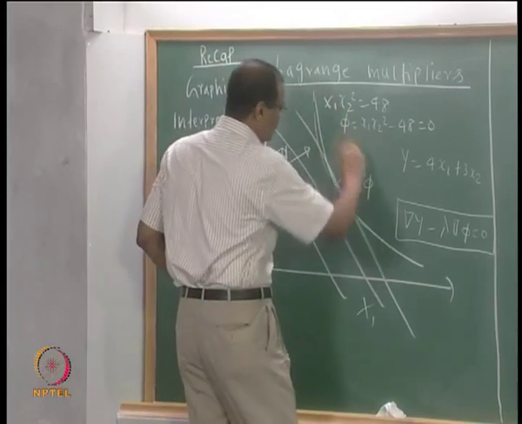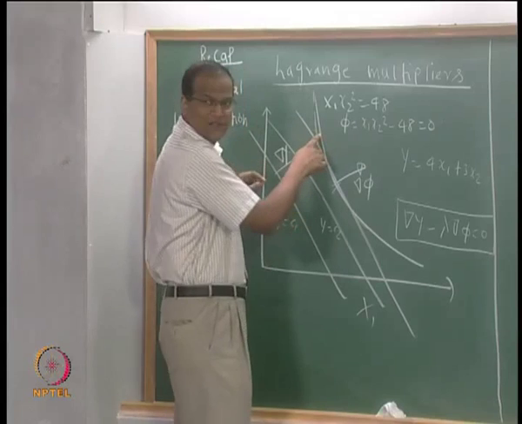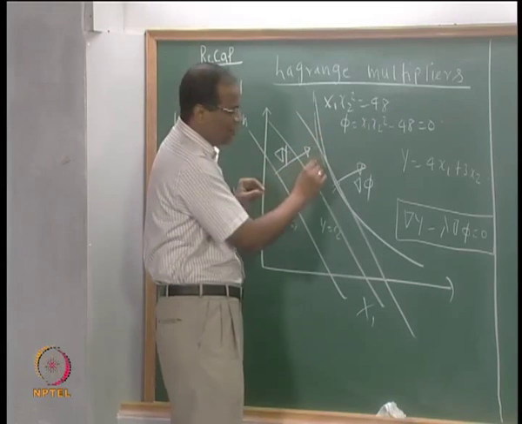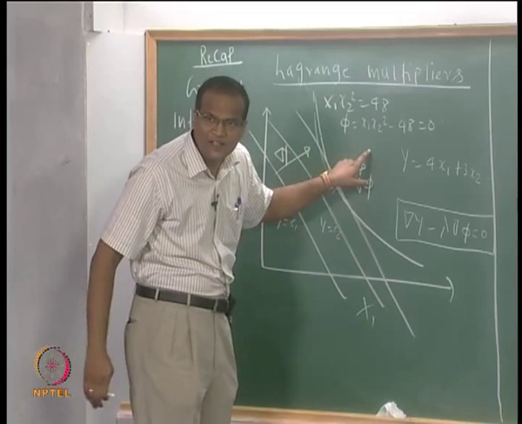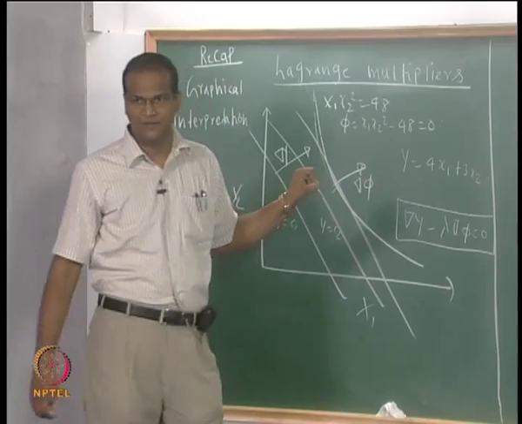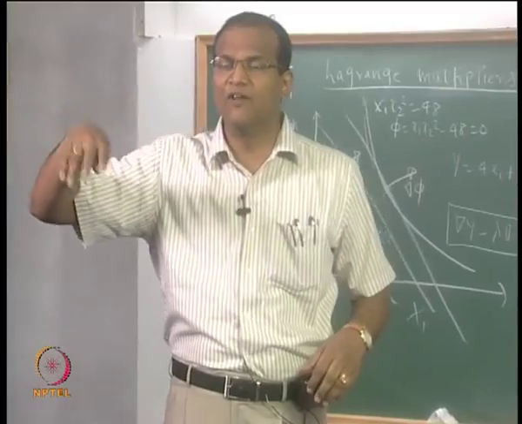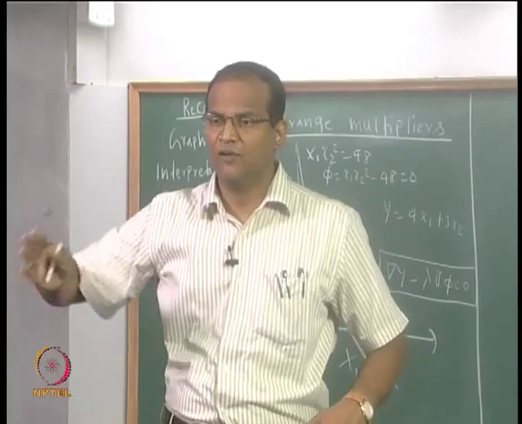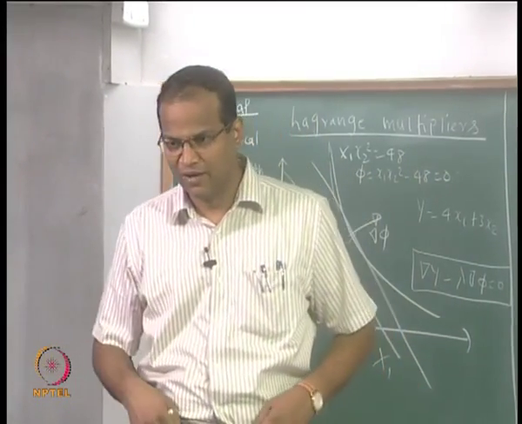The constraint will be satisfied only if the point is on this curve. If you go inside, it does not mean that any point here will satisfy the constraint; it is x1 x2 square equal to 48. There may be a few other points, but we cannot declare that the whole region, once you cross to the right of the tangent, becomes feasible. Are you getting the point?